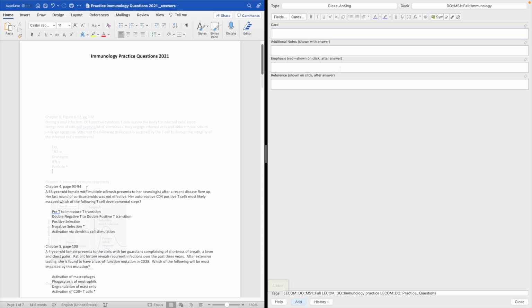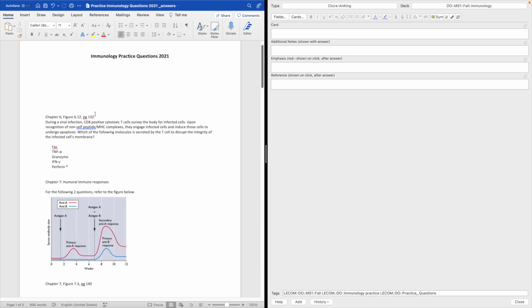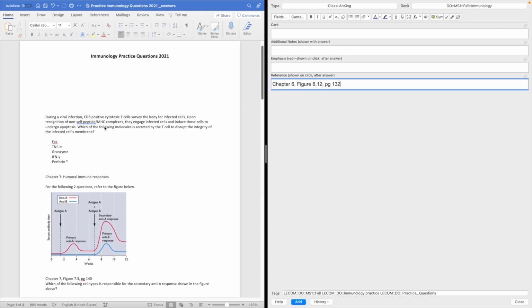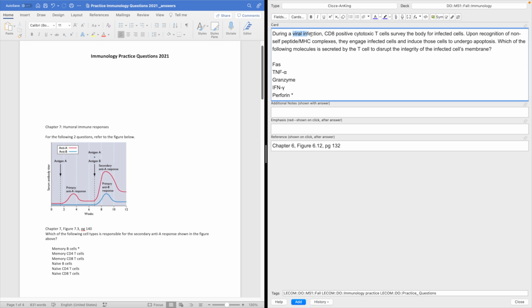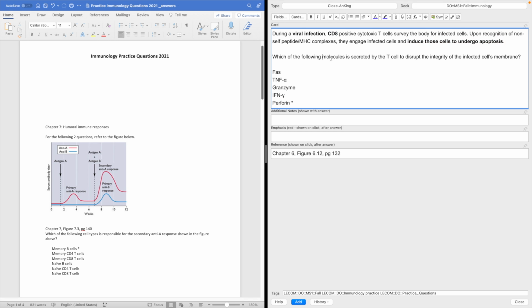Are you ready for more? Let's cut and paste the question over into Anki. Next, we do some formatting. This question is talking about CD8 positive T cells, viral infections, and what those T cells secrete that induces apoptosis.